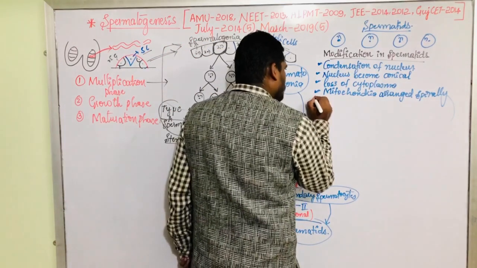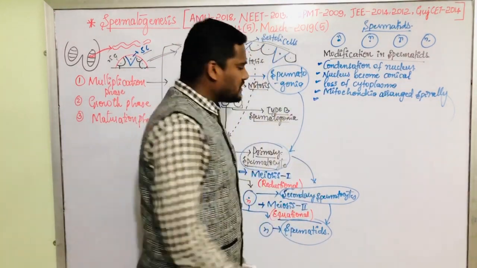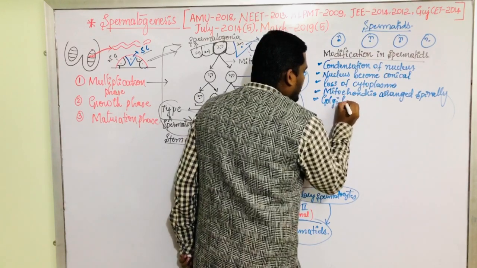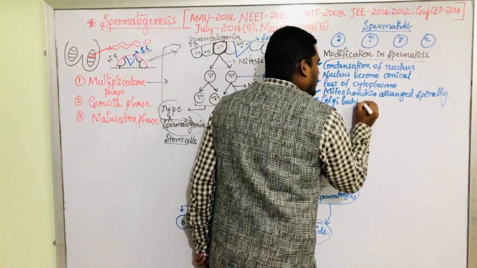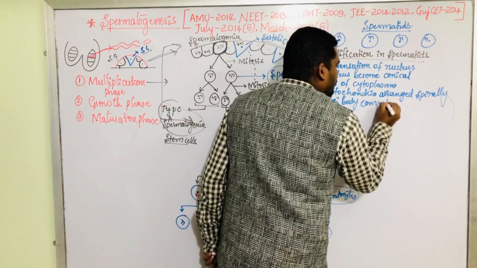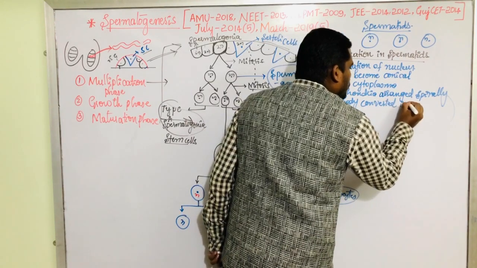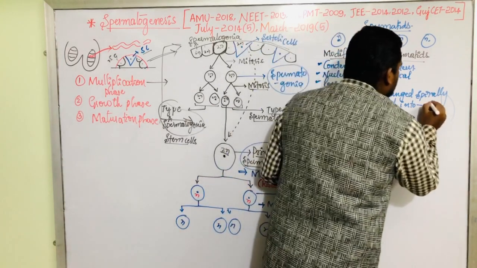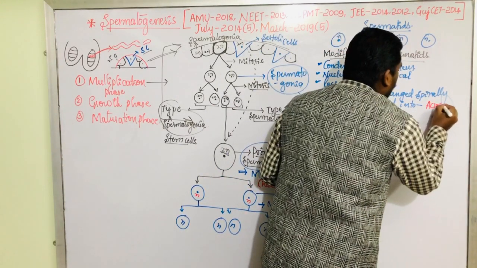Then the fifth one is that the Golgi body gets converted into a very important structure, that is acrosome.